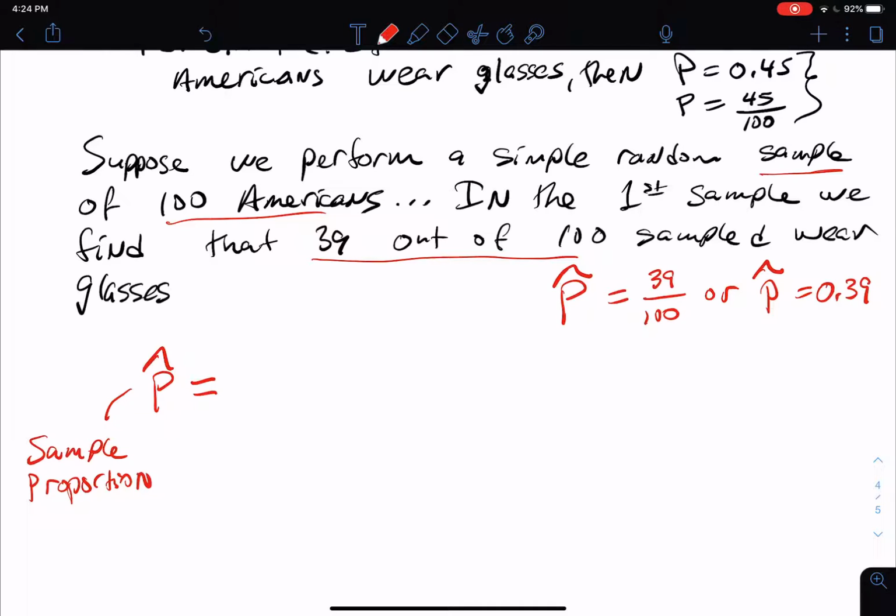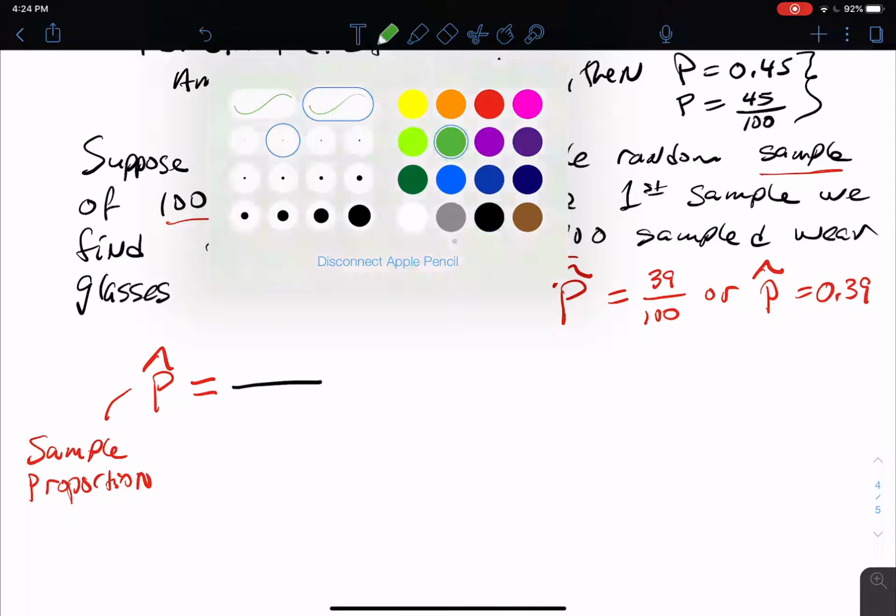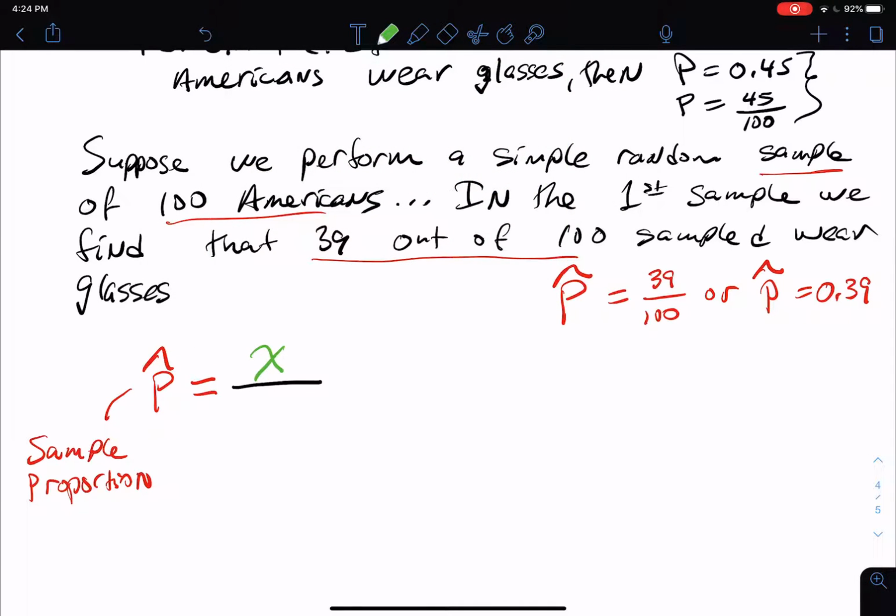The other parts to this: this sample proportion has a numerator, and how did we get the numerator? The numerator is x, which was just 39 in my example, and x is just the number who have the characteristic that we're looking for.